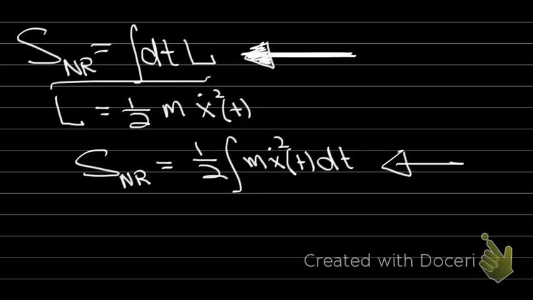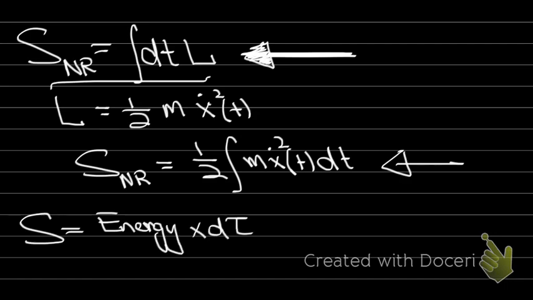So we just figured out that the dimensions for my action are energy times time. So for a relativistic particle, that would be energy times proper time, right?